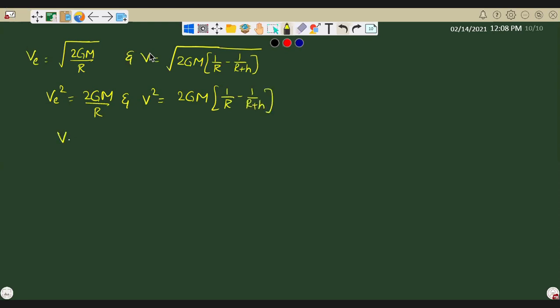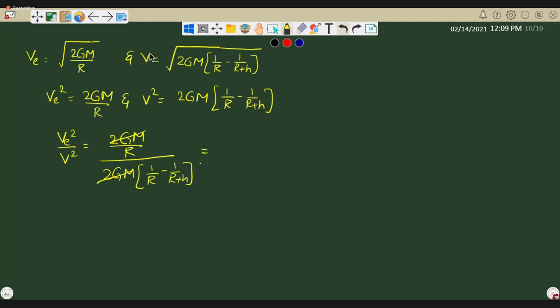Right? So I'll take VE square divided by V square. Let's do this and then we'll rearrange it. 2GM divided by R, whole divided by 2GM into 1 by R minus 1 by R plus H. 2GM gets cancelled.